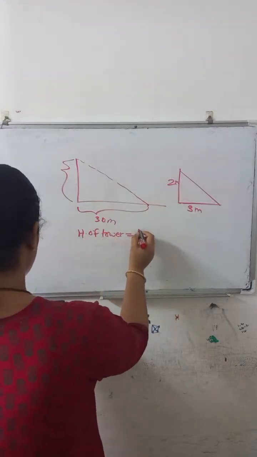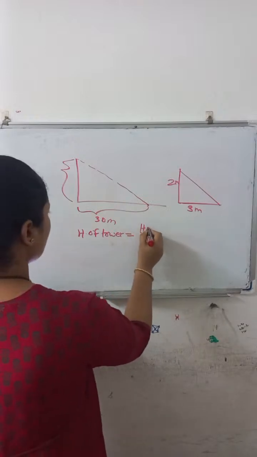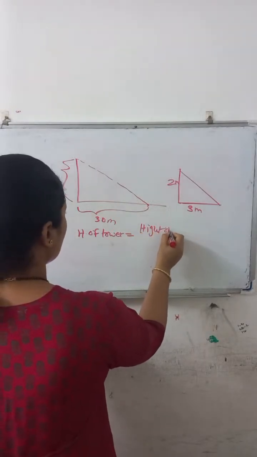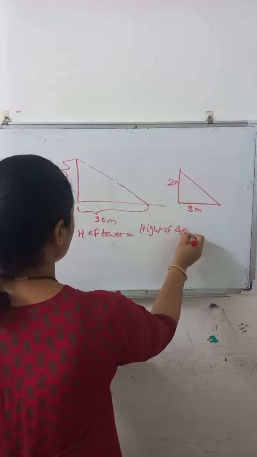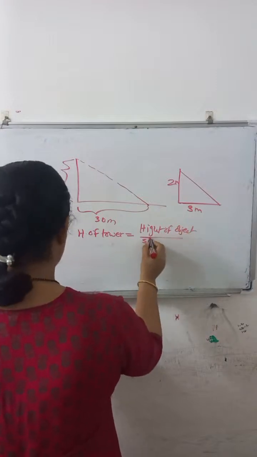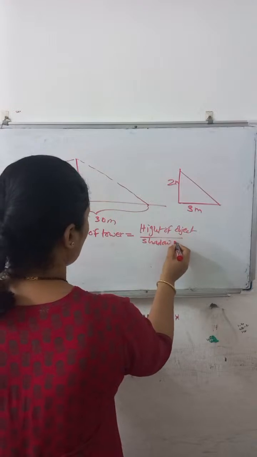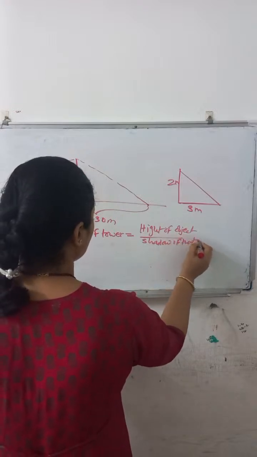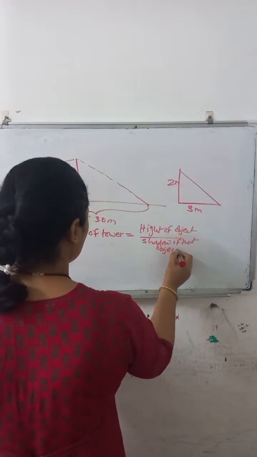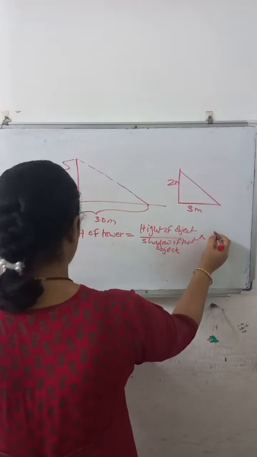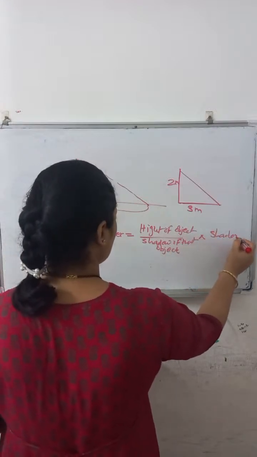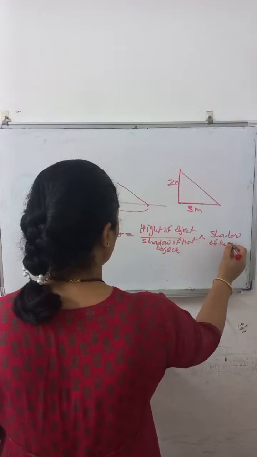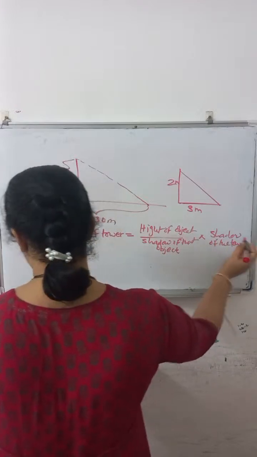We can write here: height of the tower is equal to height of the object upon shadow of that object, into the shadow of the tower.